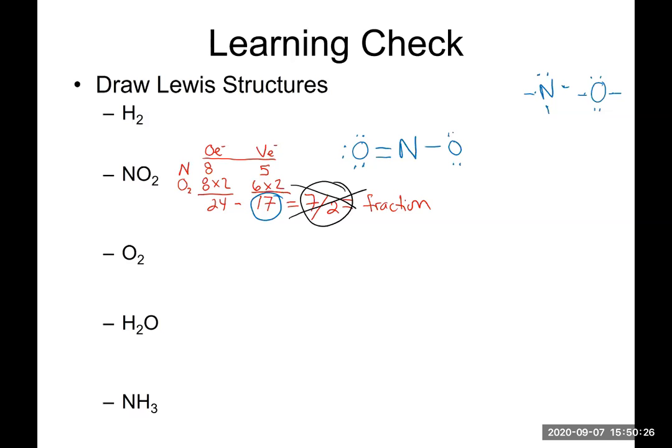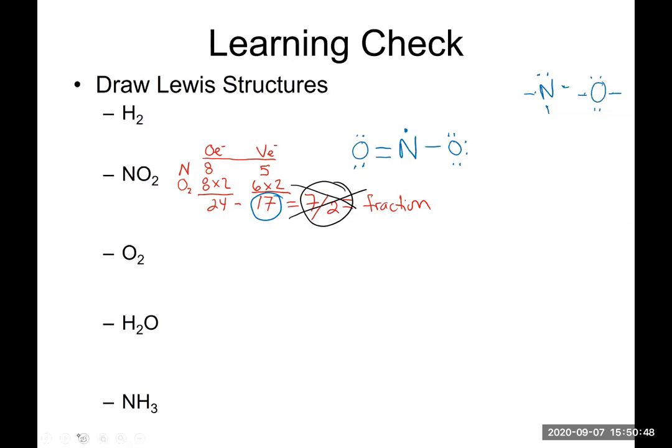Sorry, we need to take 2 away from that side. I have 2 too many. So that gives us 2, 4, 6, 8, 10. And then we have 1 more, which we could put on the nitrogen right here.